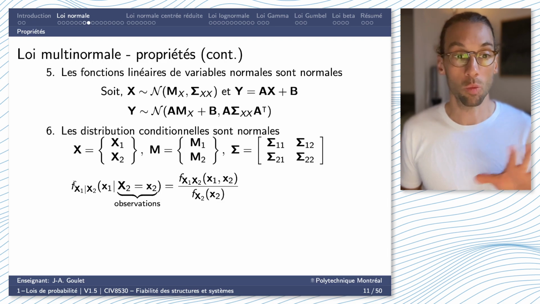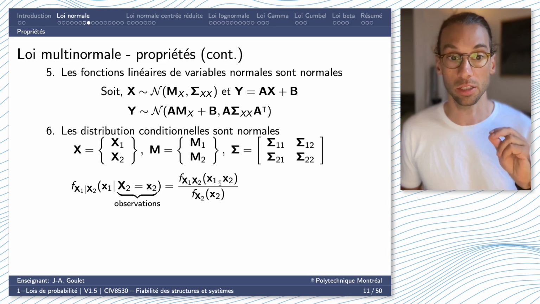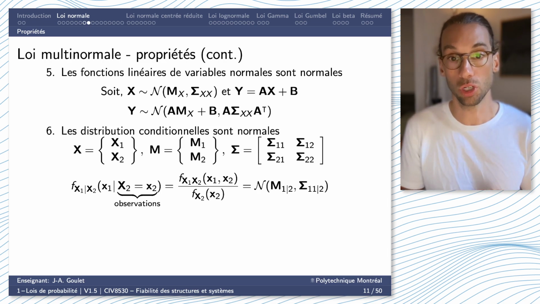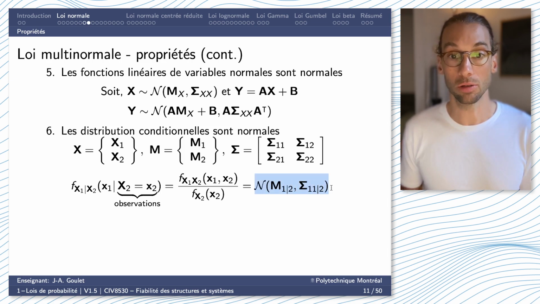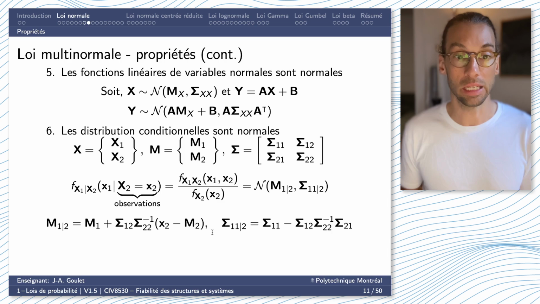And remember, we obtain such a conditional by dividing the joint distribution for x1 and x2 by the marginal for x2. And this division has a closed form solution in the case of Gaussian. And the result is that it's still Gaussian, where the conditional mean vector and covariance are obtained using these two equations.